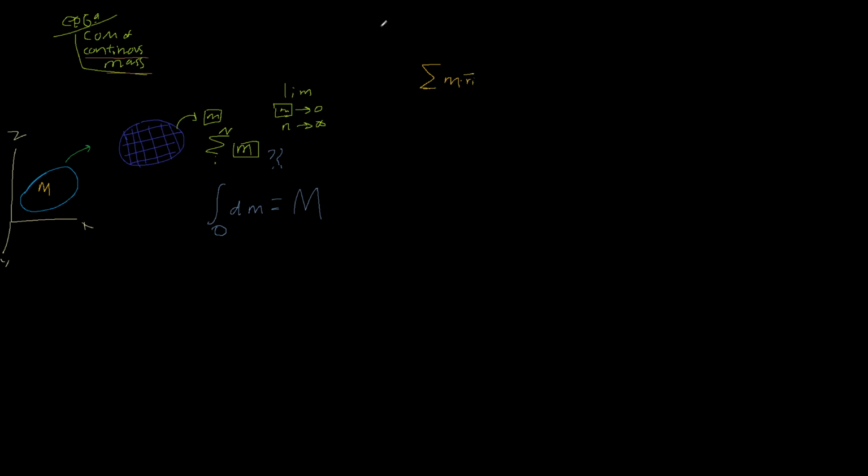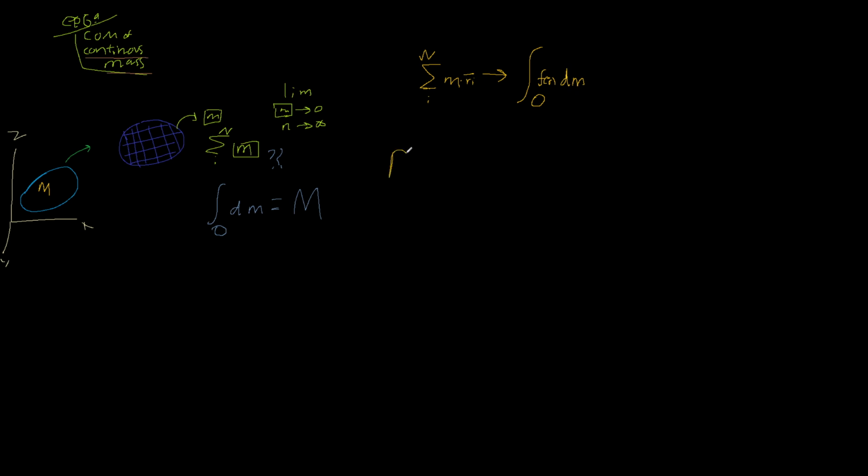What happens? This is going to transform in the exact same way into an integral over our object of some function of r dm, right?